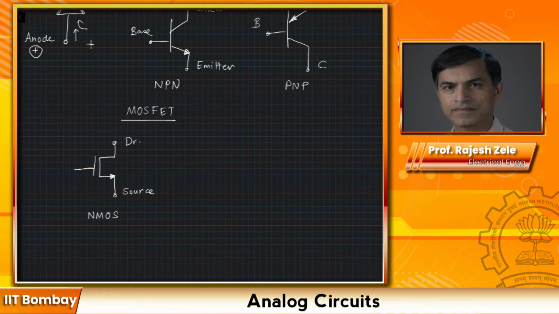The opposite terminal is called the drain terminal, and this is the control electrode, which is called gate. Again, the NMOS transistor has a brother or a sister, which we draw like this. We call this a PMOS transistor. The arrow terminal is called source, and the opposite terminal is a drain, and this is your gate.